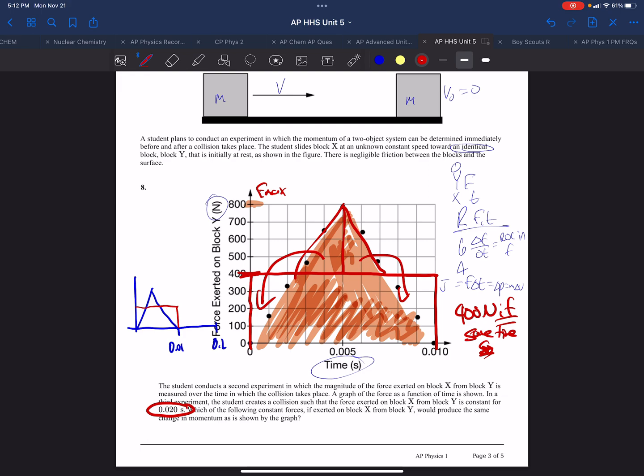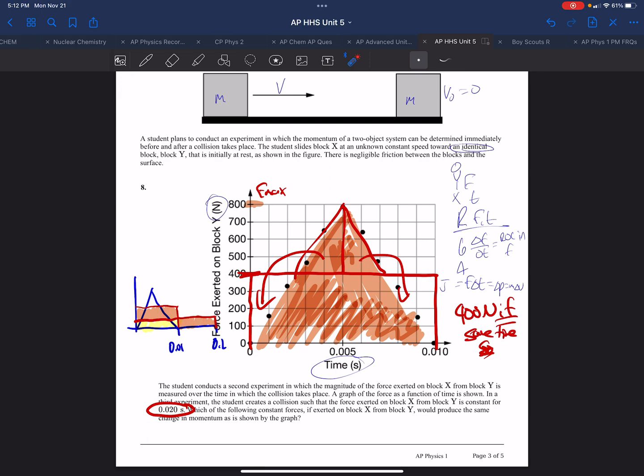So then it probably stands to reason that if there were a constant force this large over twice as long, then we'd have the same area. So you can see that gray area, that brown area, would be equal to that. And of course, these yellow are shared between this rectangle and this rectangle.